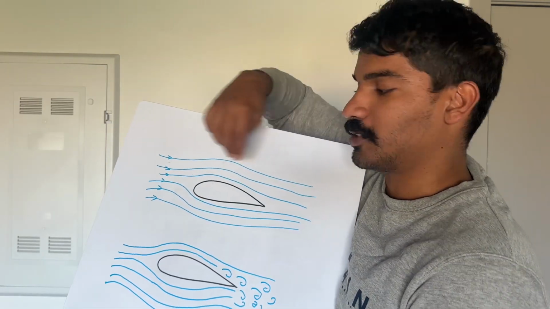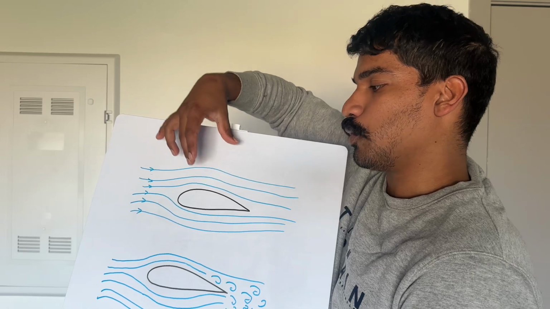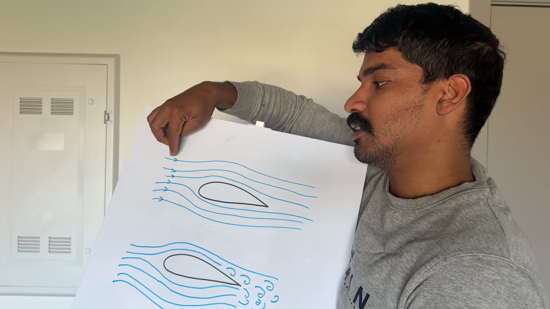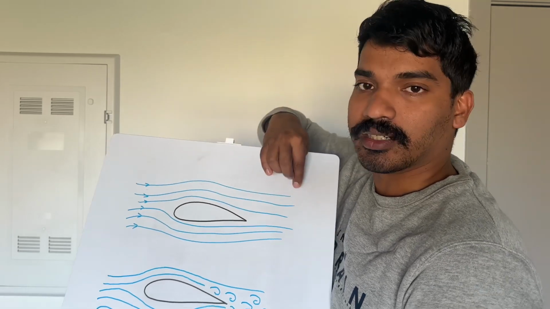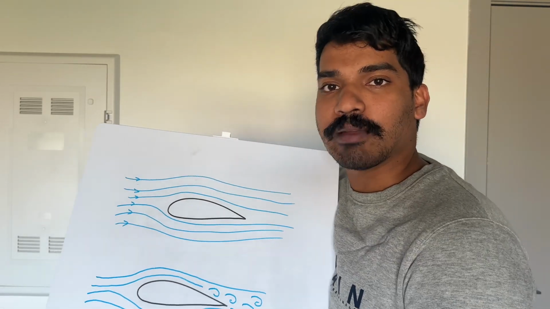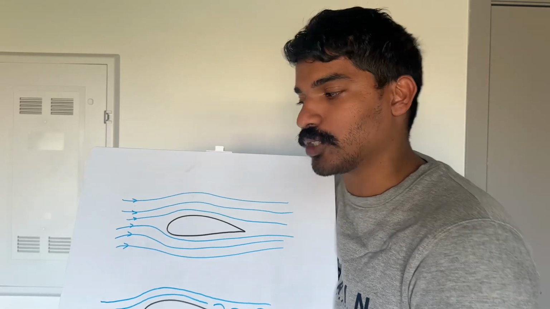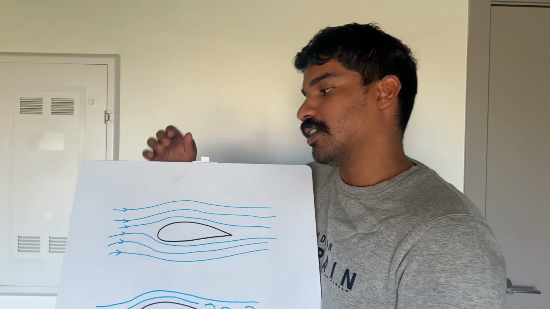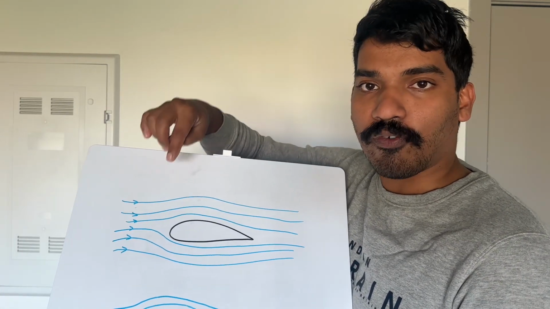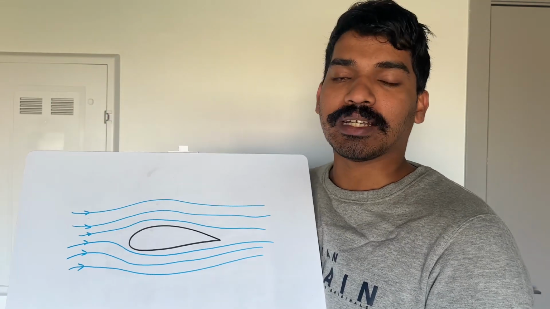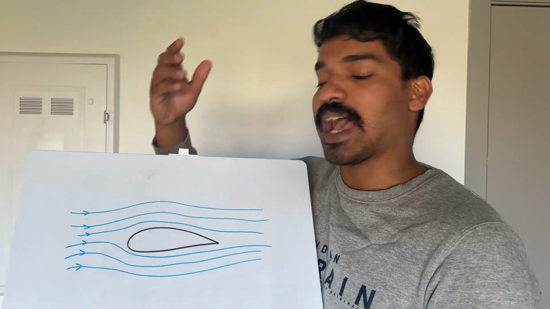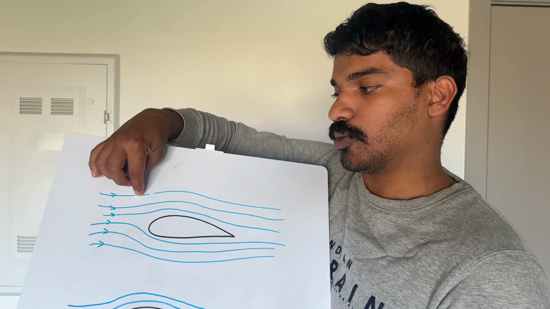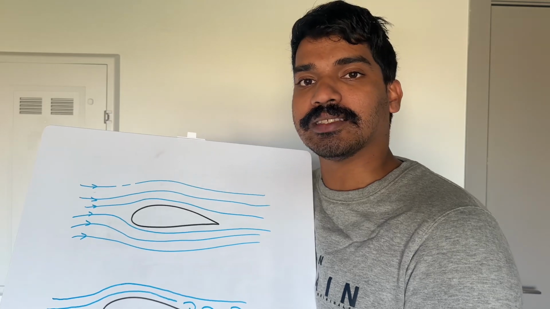In this particular case, you can see that the air is nicely flowing in a streamlined manner, and what it basically says is that the air molecules here are all flowing in the same direction in approximately the same velocity. As per the definition, the molecules of air would have approximately the same velocity as the preceding molecule.